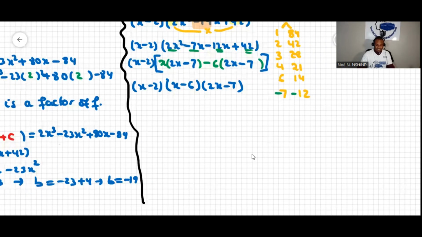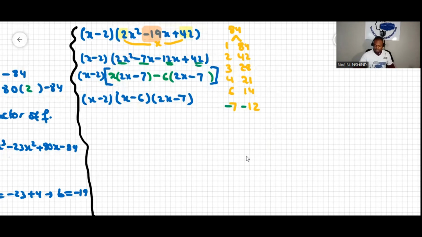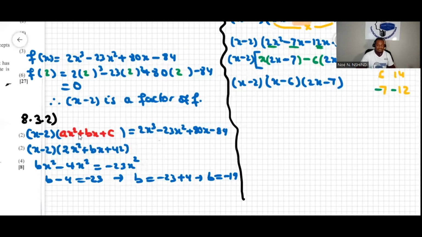Over here on the right, from this part we had x minus 2 and then all this on the right.